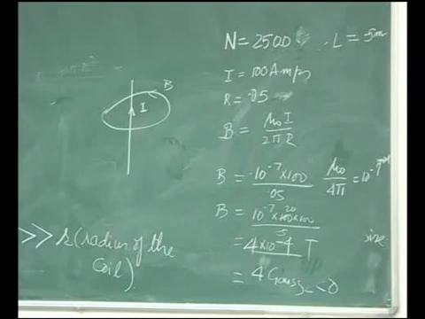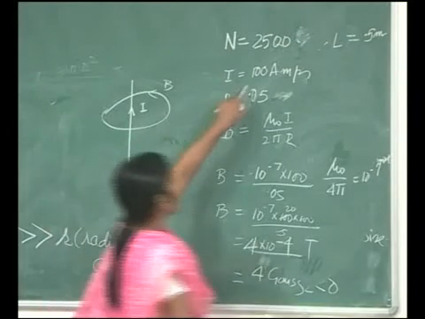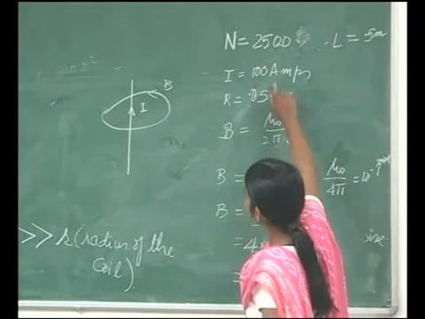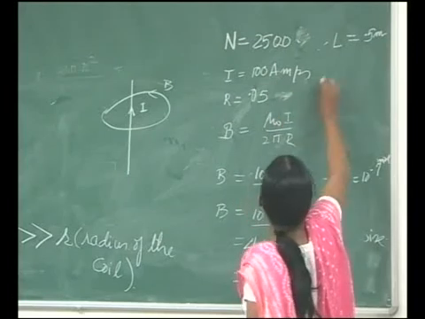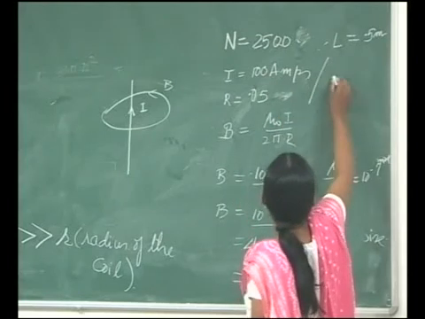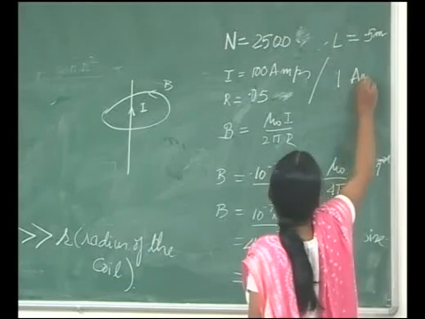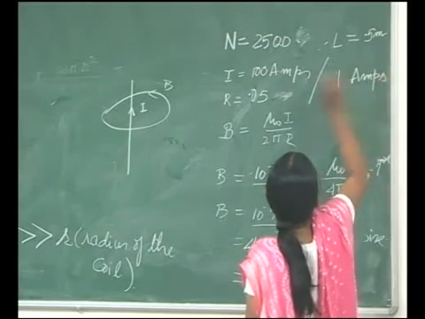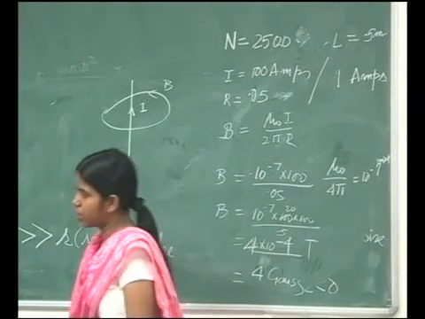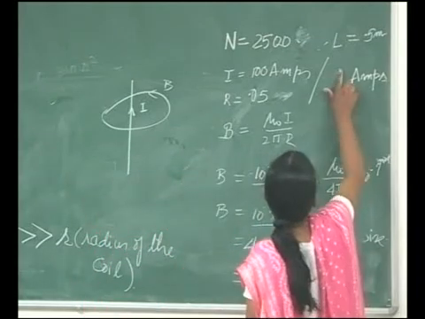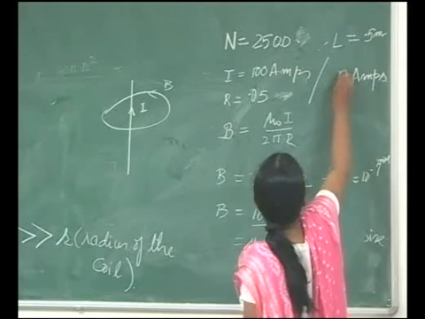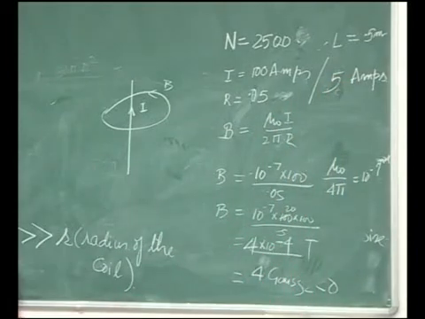Okay, take two cases. In one case you take current 100 amps, and in another case you take current 5 amps. We can produce 5 amps easily. दो cases लीजिए and tell me what is B1 and B2.